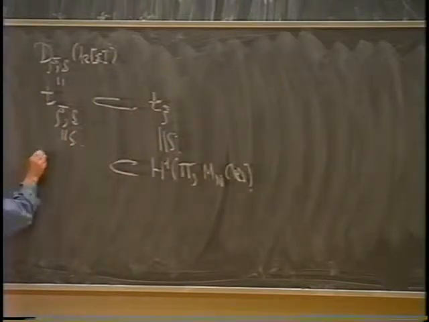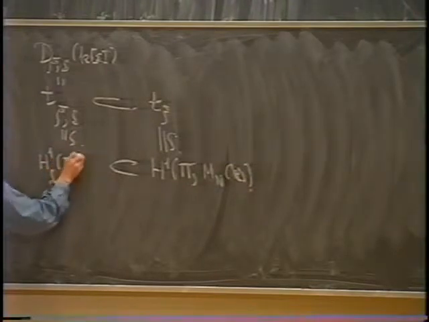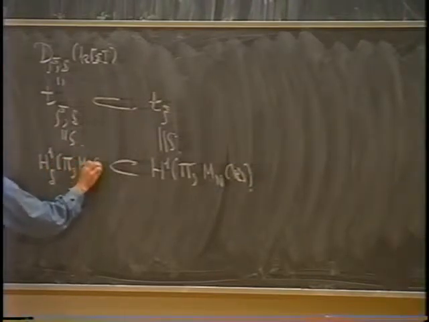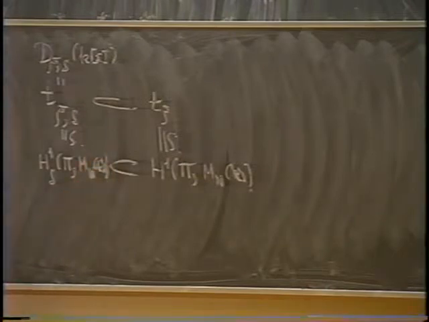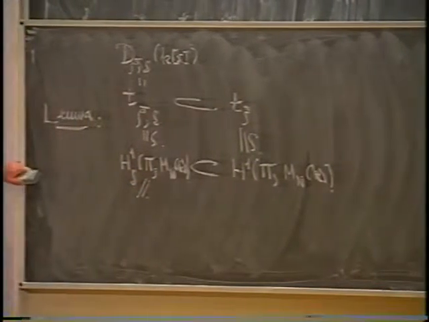I mean, provisionally, I might call it H^1 sub little delta of pi, M_n of k, whatever it is. It's some subspace of cohomology. And the lemma is that this is, in fact, exactly the following subspace.